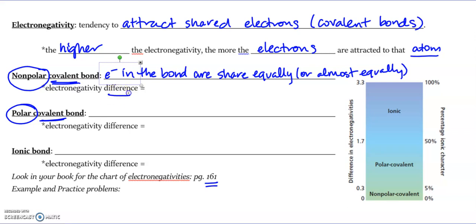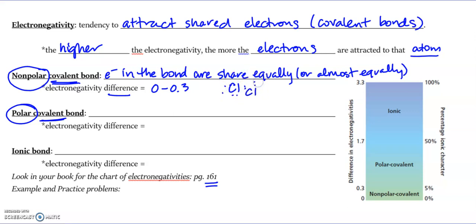If when you subtract, the difference is either 0 or as big as 0.3, that's going to be nonpolar, meaning the difference between them is equal or really close to equal. So they're sharing equally. The electrons are perfectly spaced between those two elements. Like chlorine, for example, if you had chlorine and chlorine, it'd be the same thing.